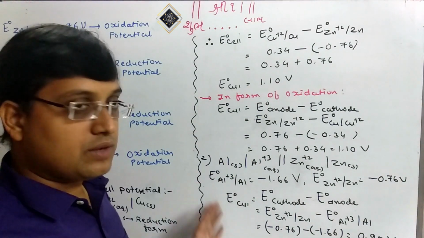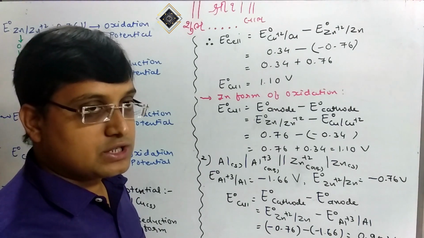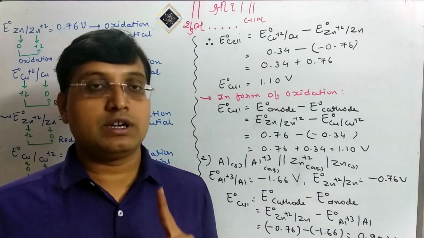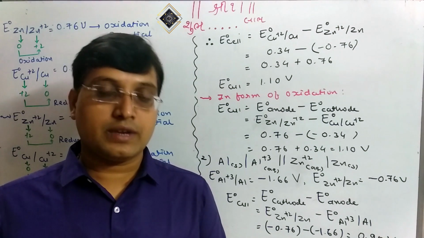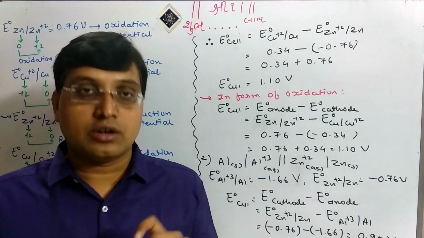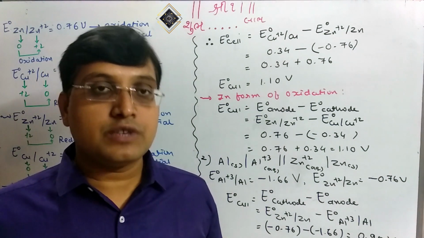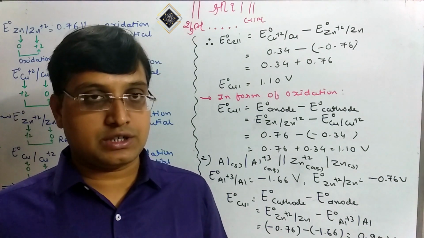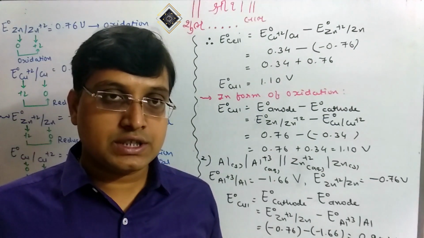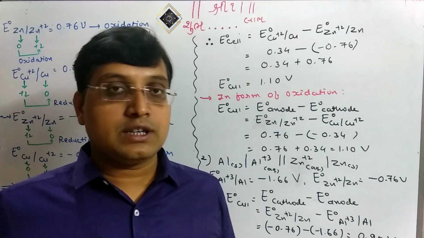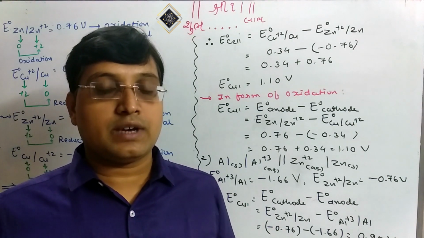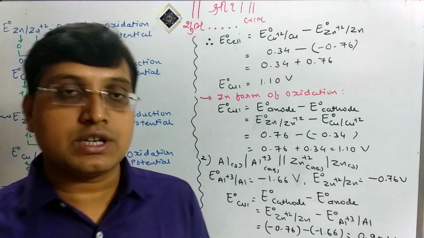So this way we have to calculate the potential. Once again I am telling you, to calculate the cell potential of any full cell, always check in which form the given half cell potential is, oxidation or reduction. If both are in oxidation, then use E0 oxidation of anode minus E0 oxidation of cathode.